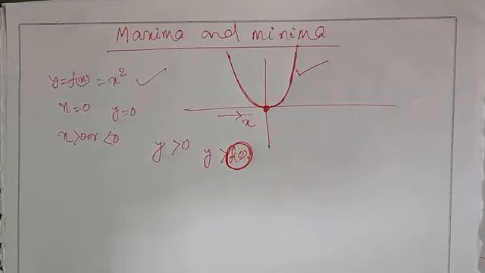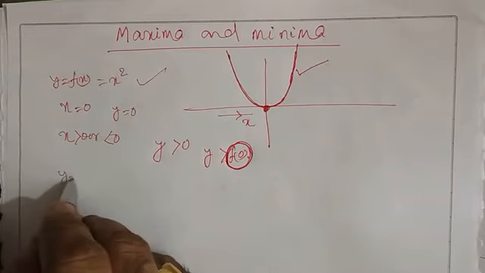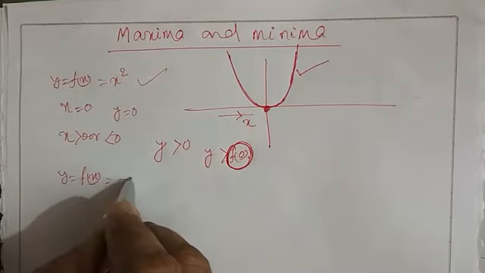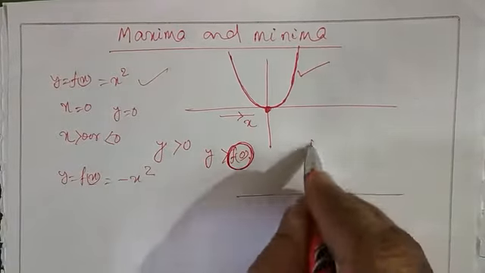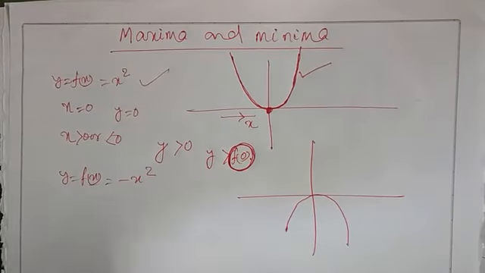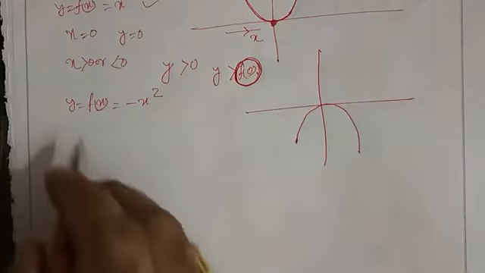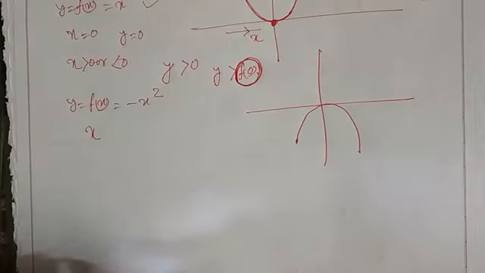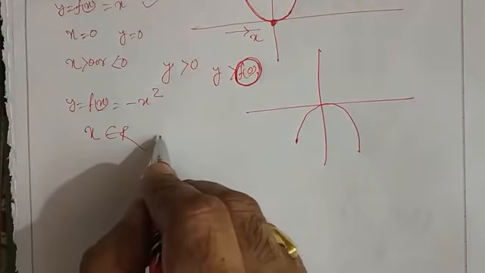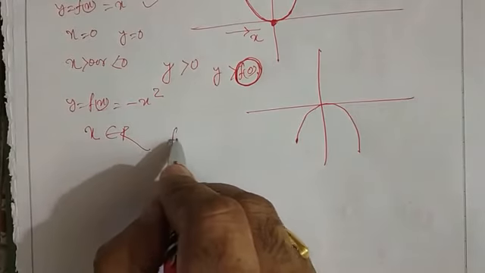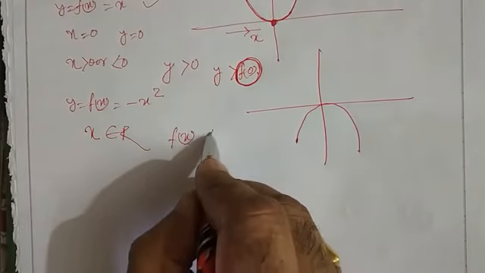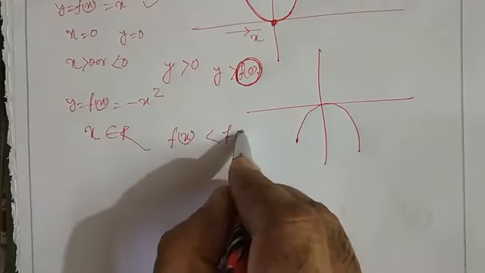Getting the idea? When I take y equal to f(x) equal to minus x square, what is the design of its graph? Like this. So whatever x belongs to R, I get f(x) is always less than f of 0.